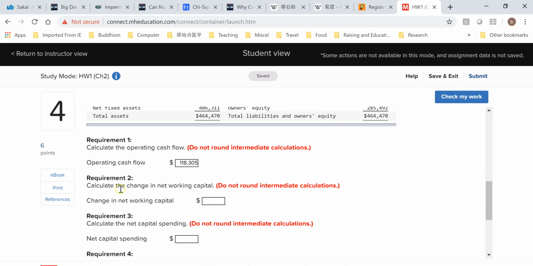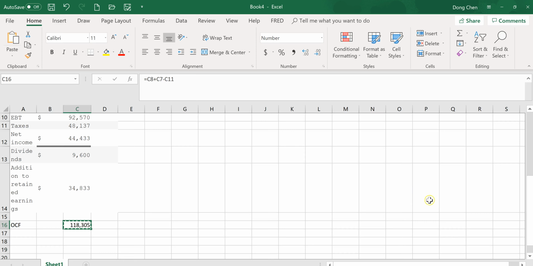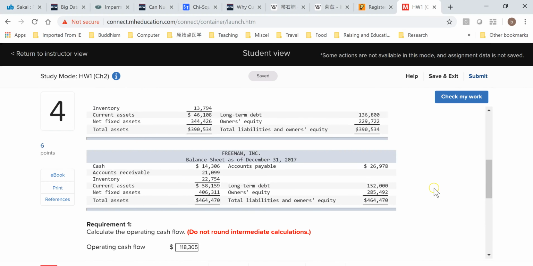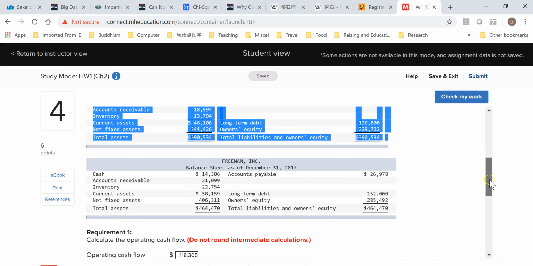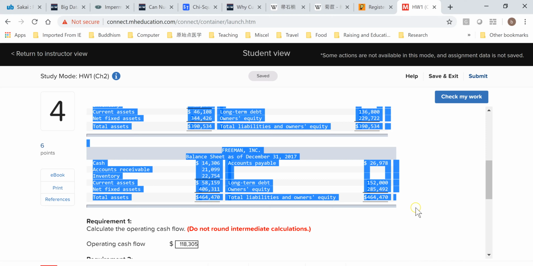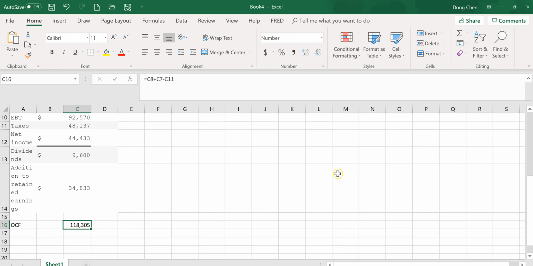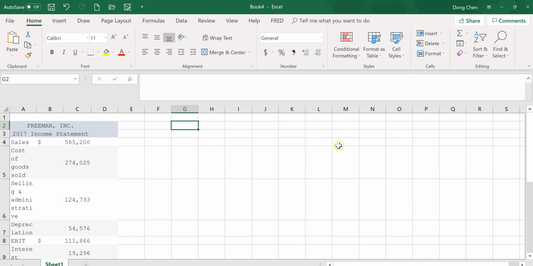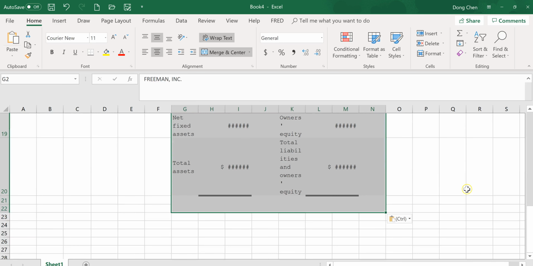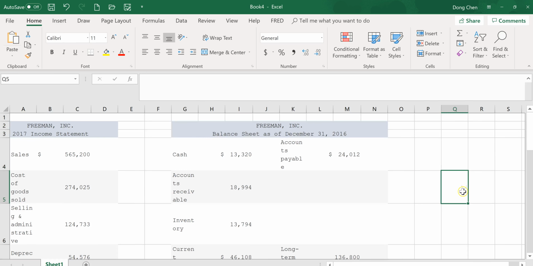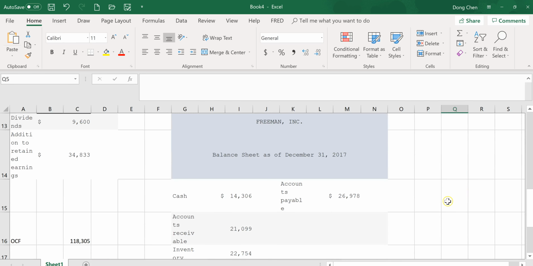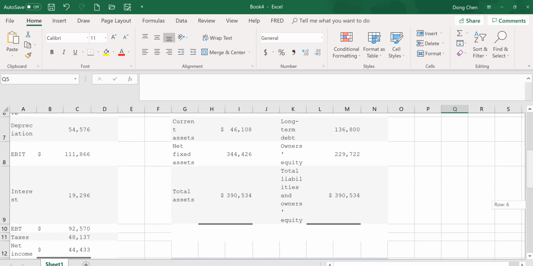Requirement 2, calculate the change in net working capital. To calculate the change in net working capital, we can still copy this 2 years balance sheet. Now we need to use the information from the balance sheet rather than the income statement. In order to calculate the change, we first need to calculate the level, right?